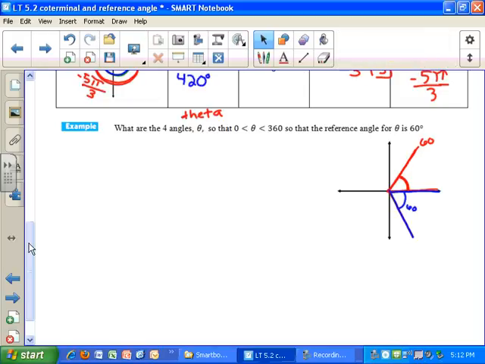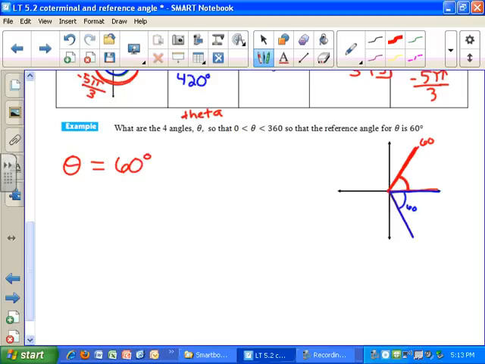Okay. So we've already got one angle, we've already got this 60 degrees. So theta can equal 60 degrees. It could also equal negative 60, right, if we go in the clockwise direction.